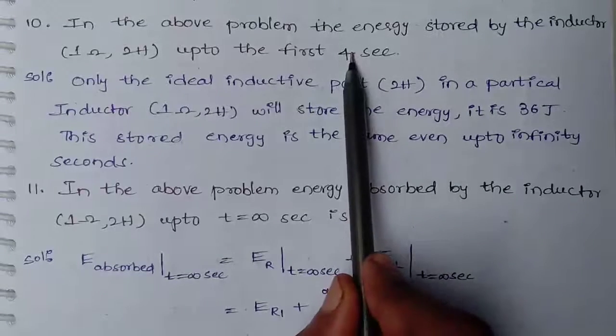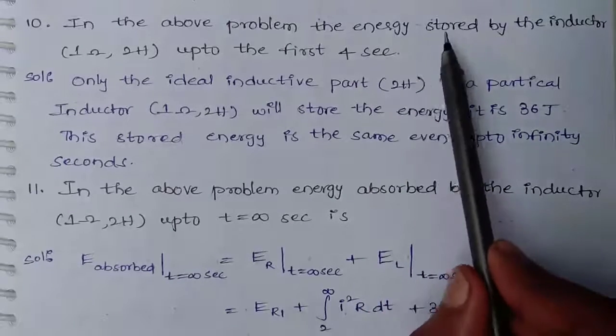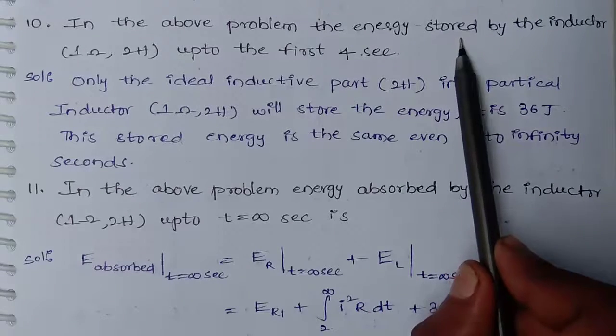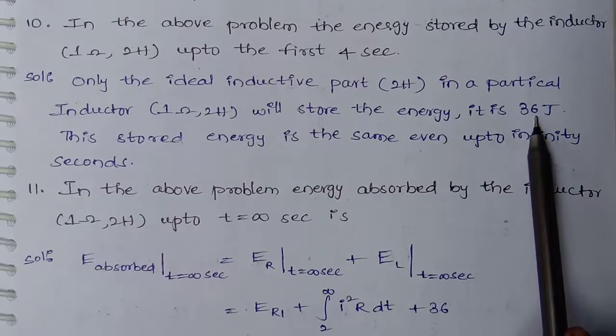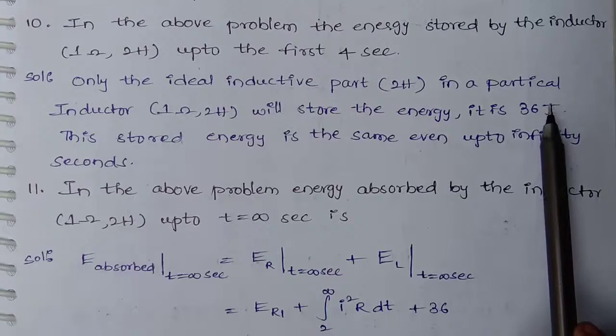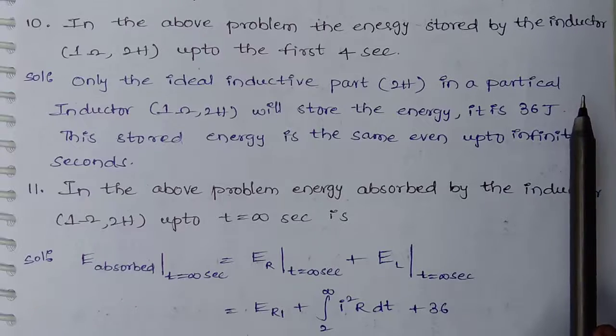In the previous lecture we got the solution for the energy absorbed as 132 joules. Now we are getting 36 joules. This is because the energy stored by the inductor is 36 joules, right? I hope you are getting the concept.